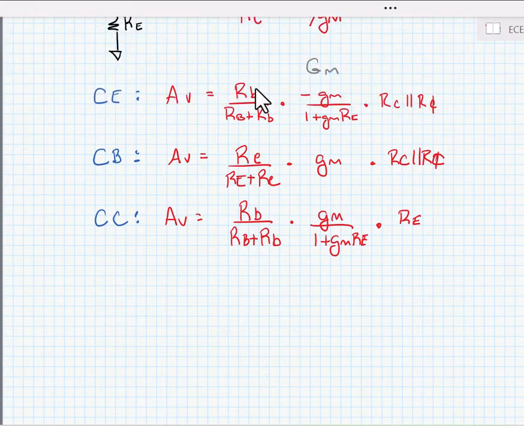In this case, this is our big Gm, this is our big RT, and we have a voltage division at the input.